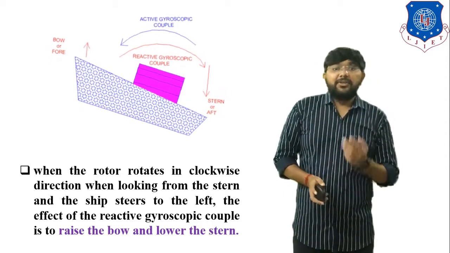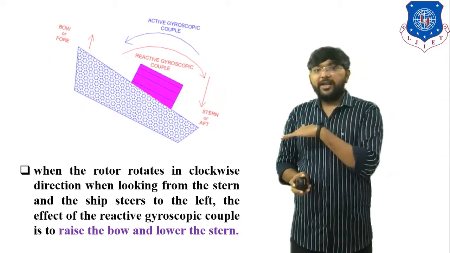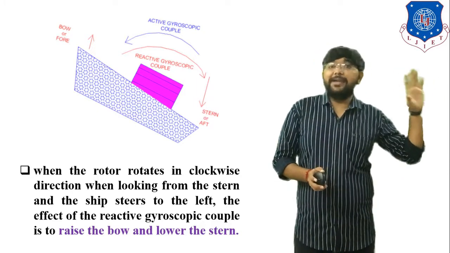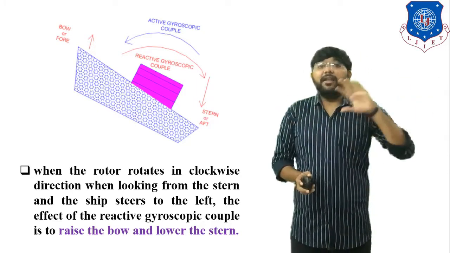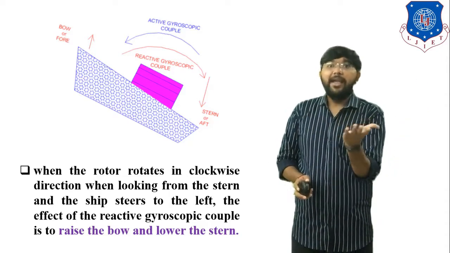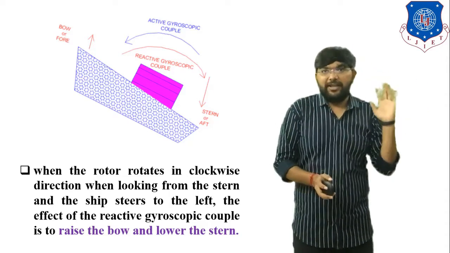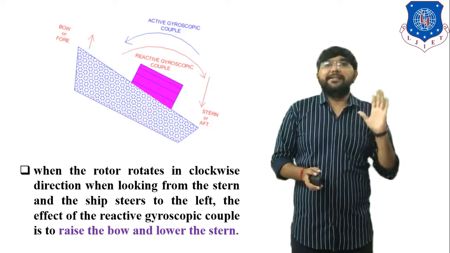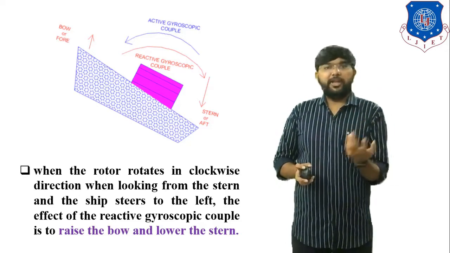Clear? So when the rotor rotates clockwise when looking from the stern, and the ship steers to the left, the effect of the reactive gyroscopic couple is to raise the bow end and dip the stern end or rear end. Clear? So this is example number 1 based on the steering motion.